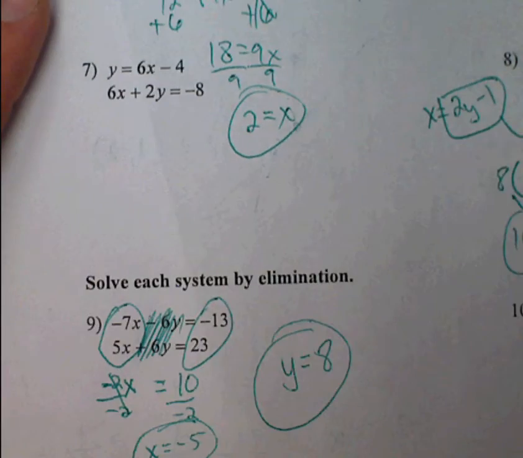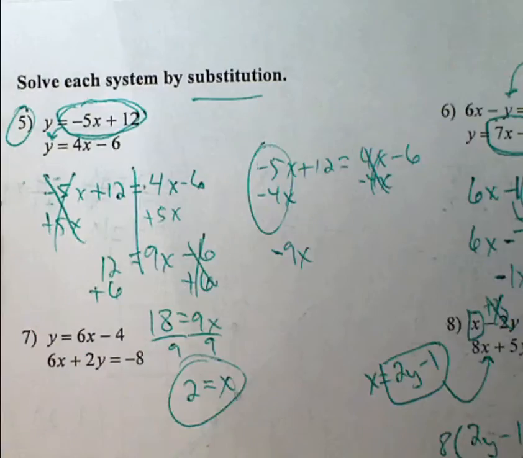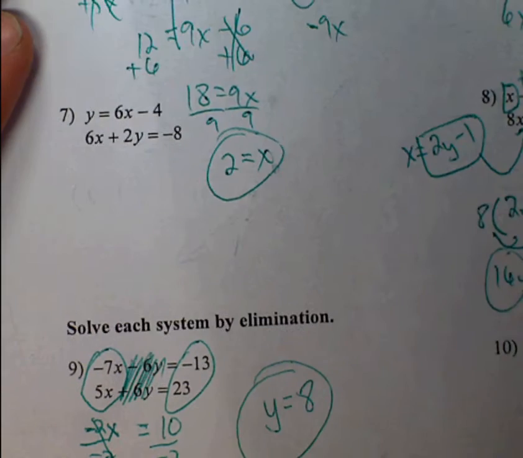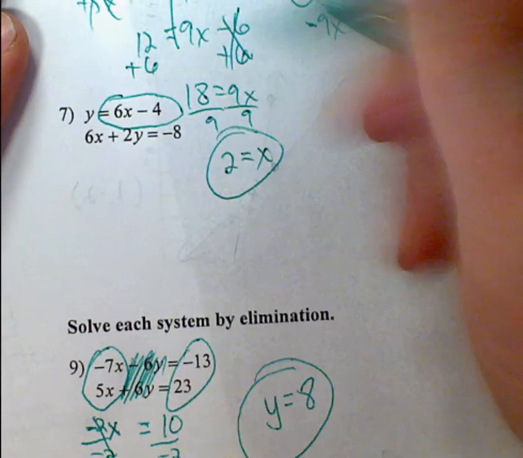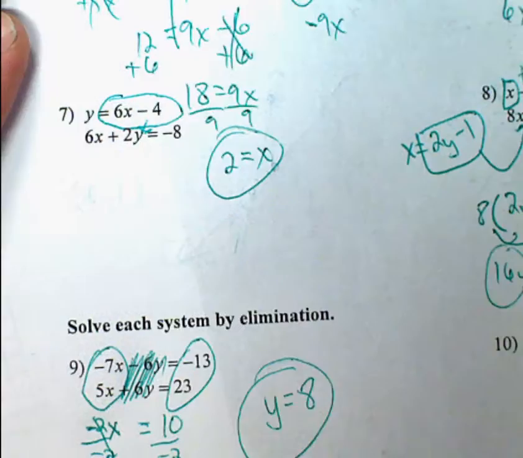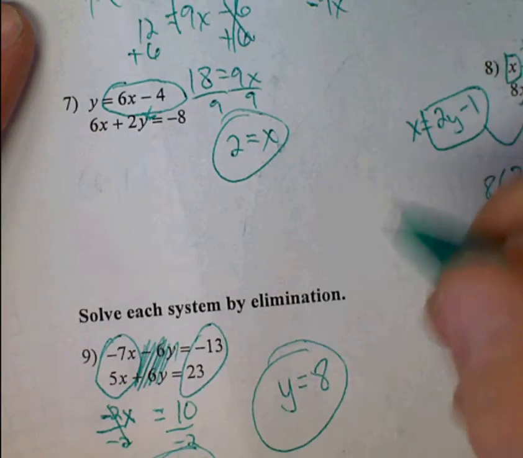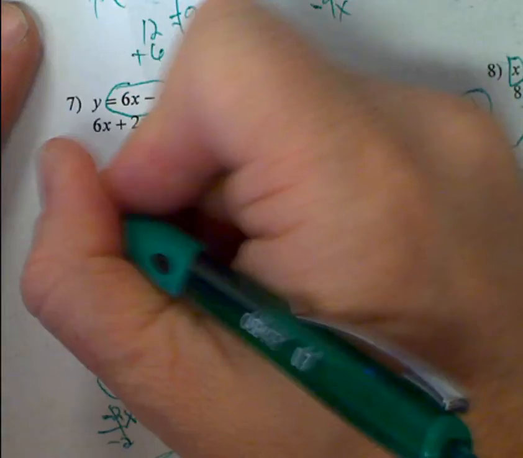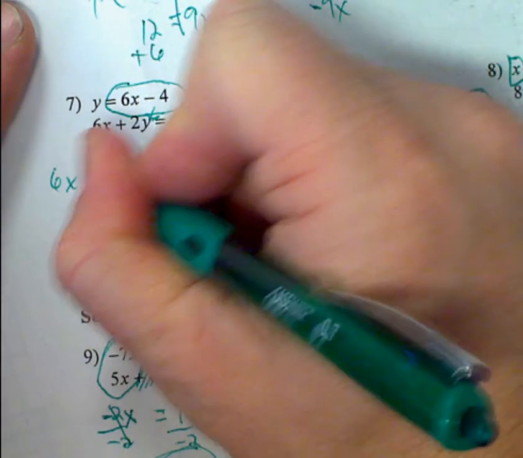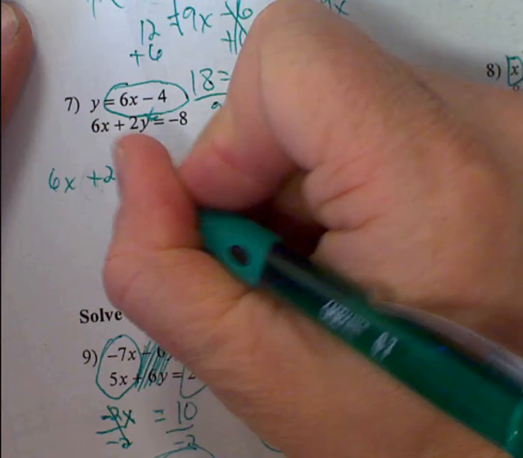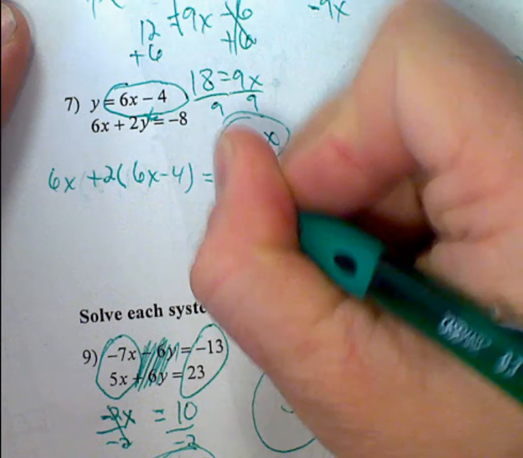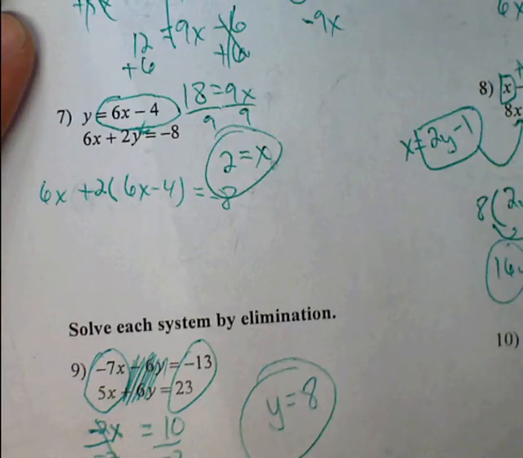Number 7, we have to substitute. So on number 7, the y is by itself, so I'm going to substitute that in for the y. So I get 6x plus 2 parentheses 6x minus 4 equals negative 8.